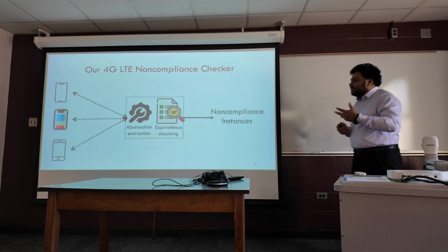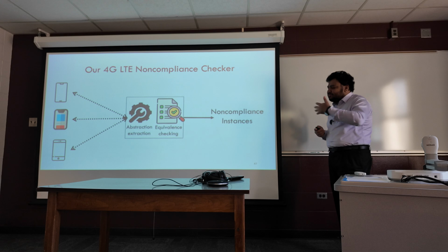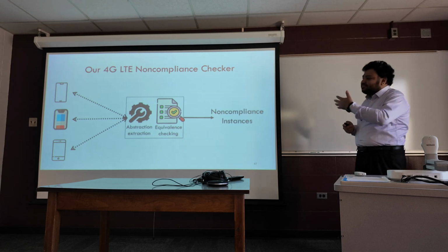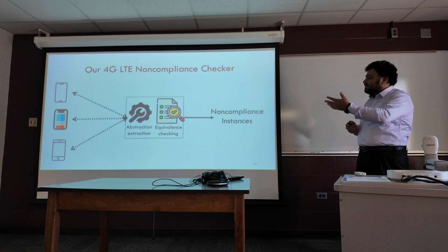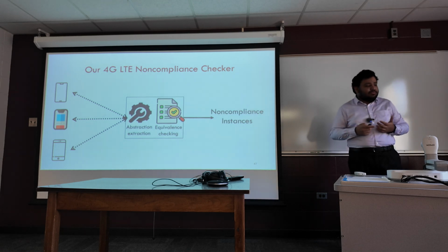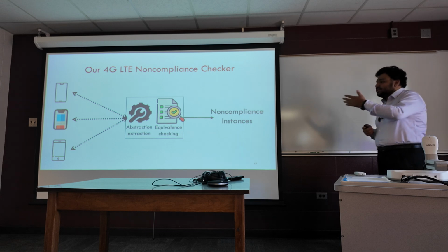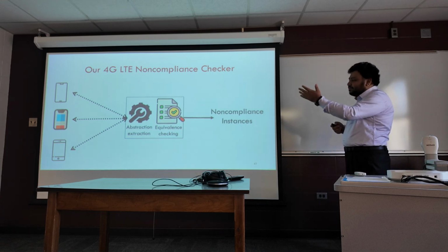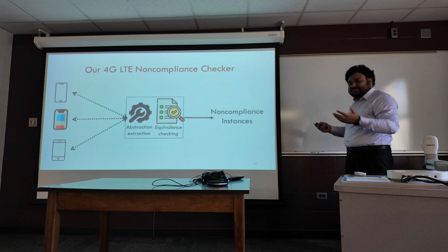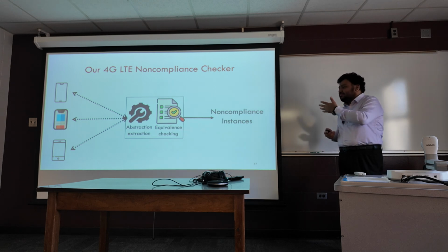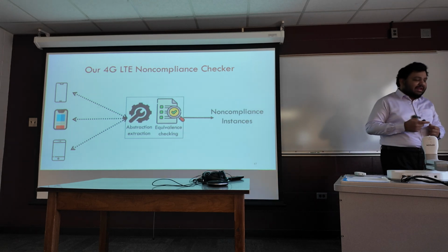Based on this, we create this framework where we use access to different smartphones and detect this sort of non-compliance instances. For that, we have to do two things. First, we have to create an abstraction from the implementation, and we have to check those abstractions in some way to find this sort of non-compliance instances.